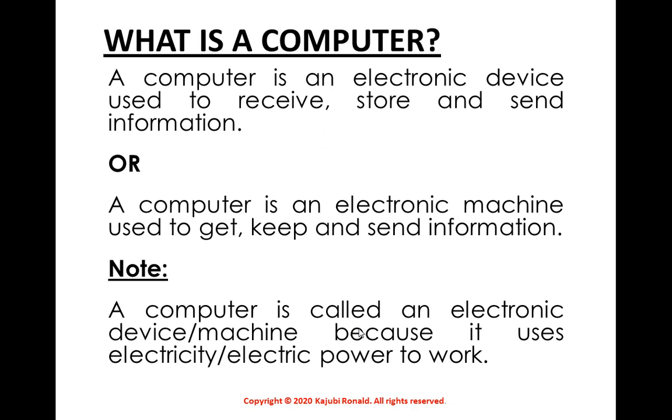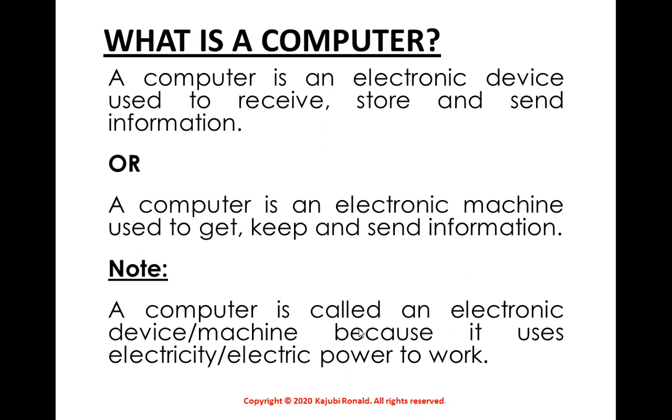So a computer is basically used for those three purposes. It is used to receive, to store, and to send information. So if I add up those three concepts, I can come up with a computer definition, saying that a computer is an electronic device used to receive, store, and send information.